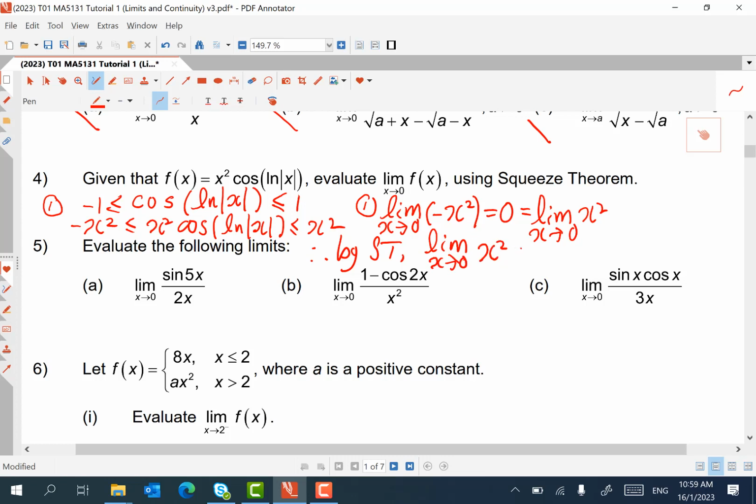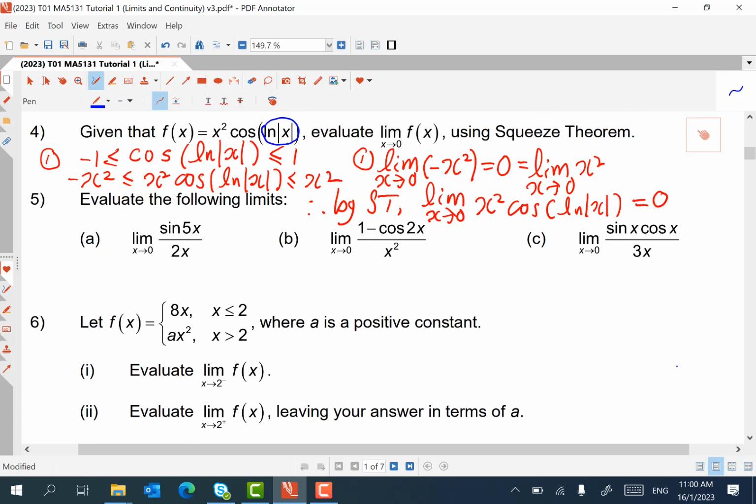In the other class, someone pointed out that actually, instead of ln of modulus x, it could have been anything. They say actually anything will work. I think it's quite true. Okay, that is actually number 4.